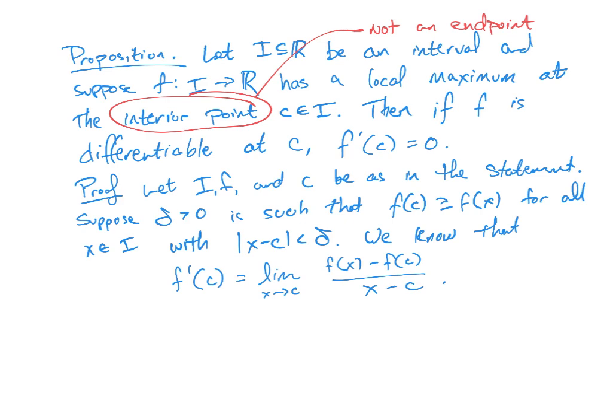Now, once you know a limit exists, that means that no matter how you approach the point c, you'll get the same answer. And so let's approach it from the left and approach it from the right. Now, we skipped the one-sided limits, but that's okay. We're just going to use sequences to do this, okay?